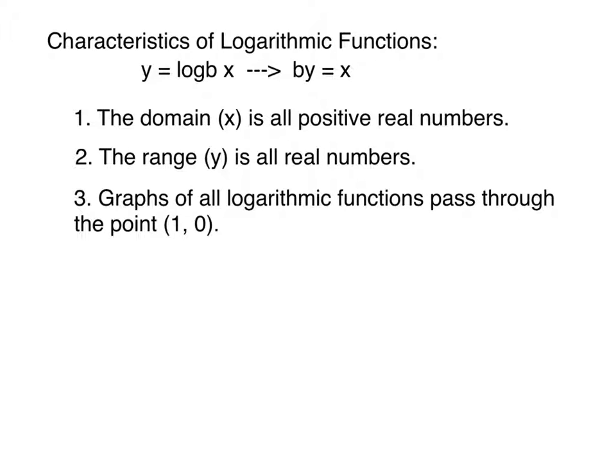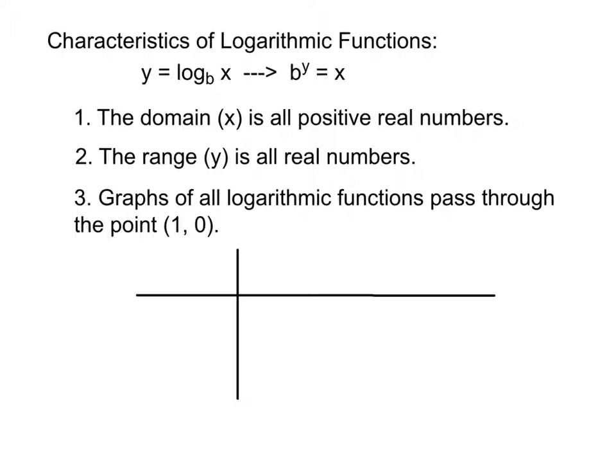The third characteristic is that the graphs of all logarithmic functions pass through the point (1, 0). Now, given these characteristics, and if we were to plot some points, we would find that a typical log function is going to look something like this, where this point here is x equal to 1.